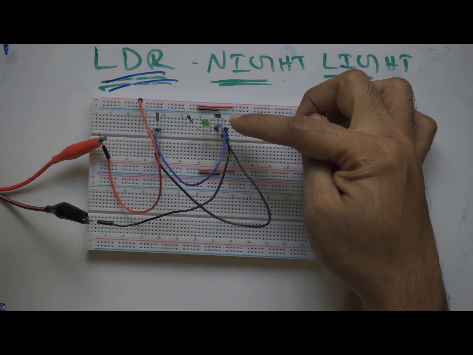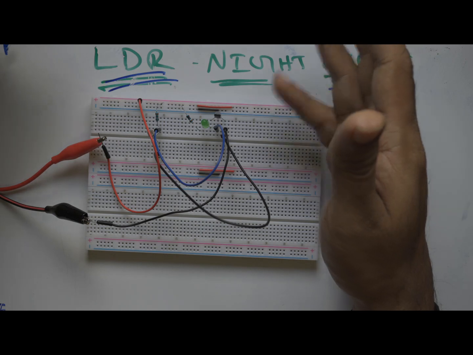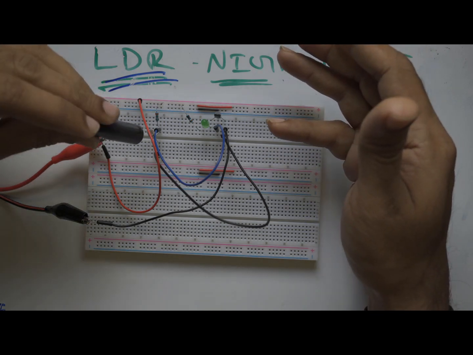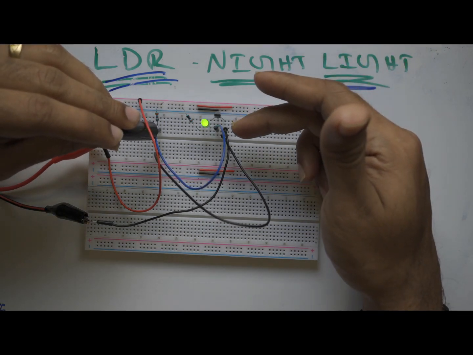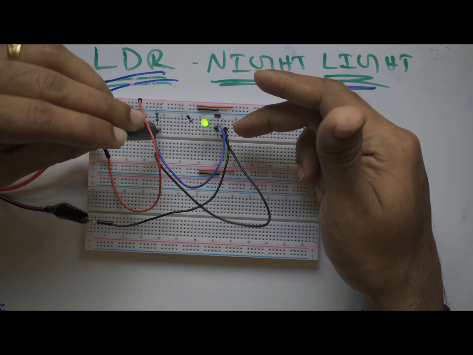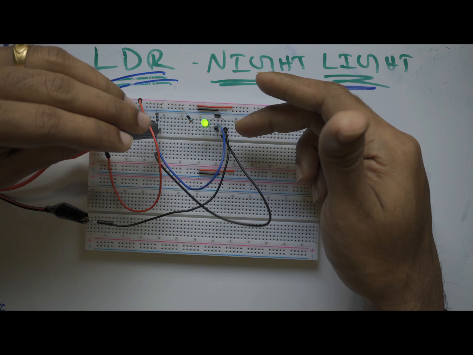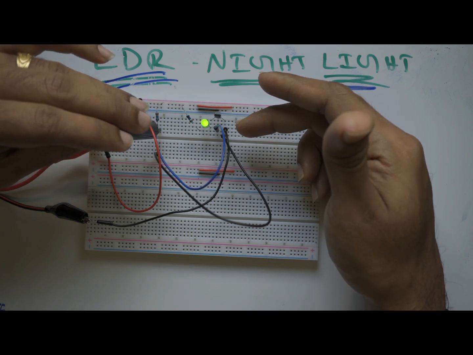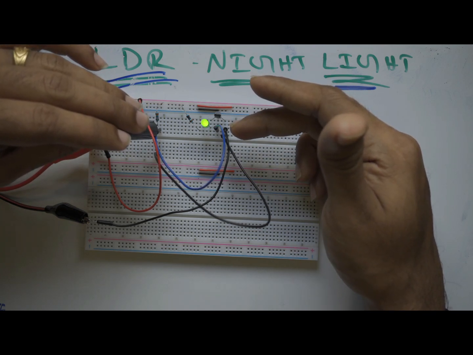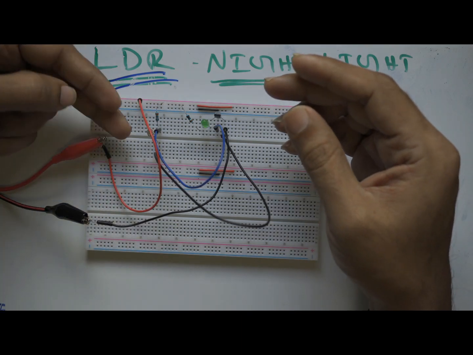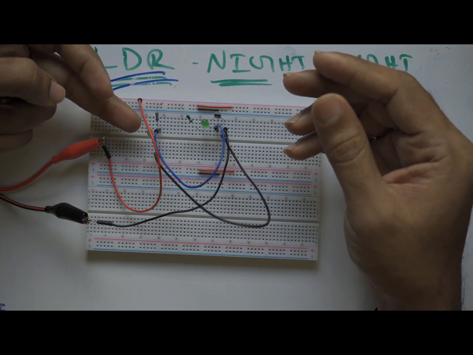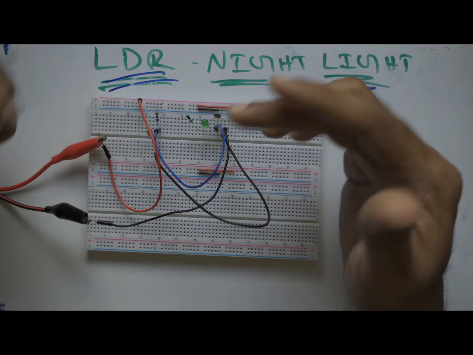In ambient light, the LED stays off, and when it's getting darker, the LED gets activated. This is what they use for street light switching purposes, automatic street lights. No one is deployed to switch on your street lights. It will have this little circuitry with a big, industrial grade LDR, and with a relay.